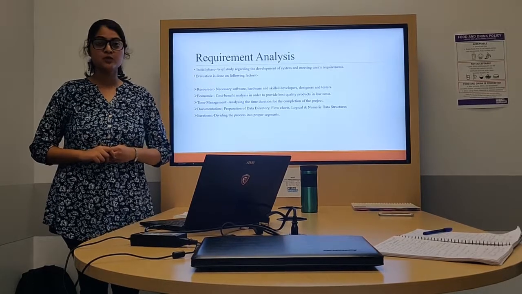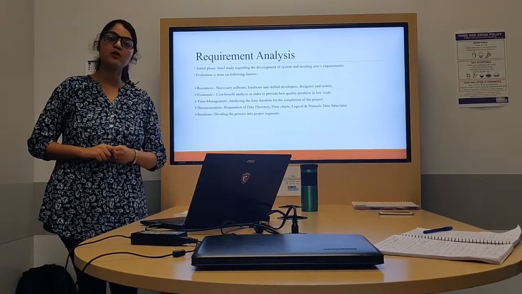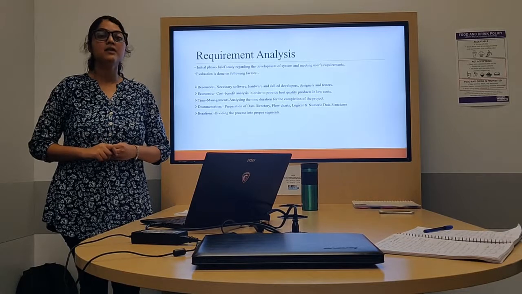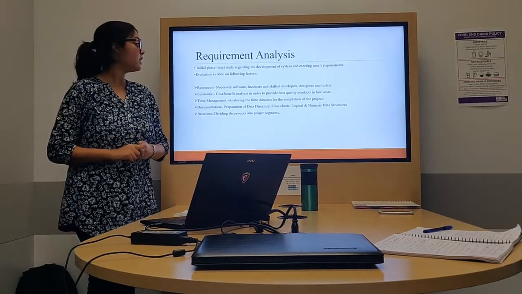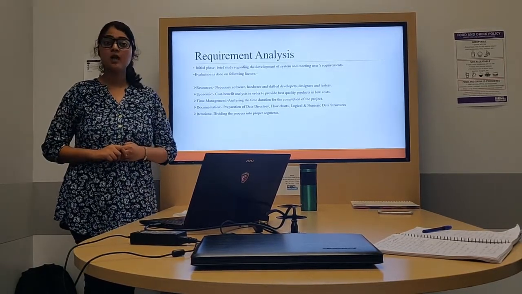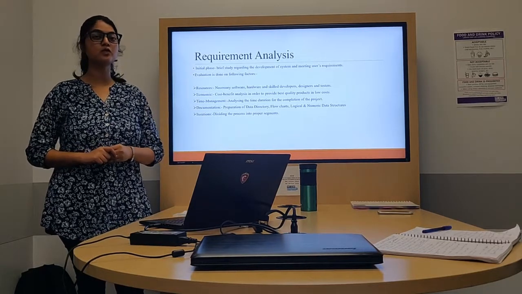Time management should also be there, to provide the product back to the users within the given time limit, and resources have to be considered, like what type of hardware and software resources are going to be there.